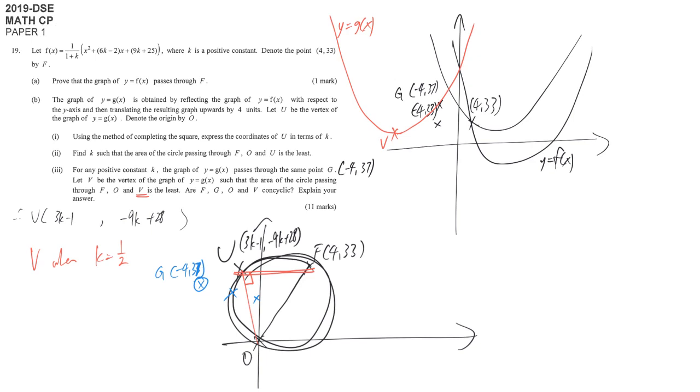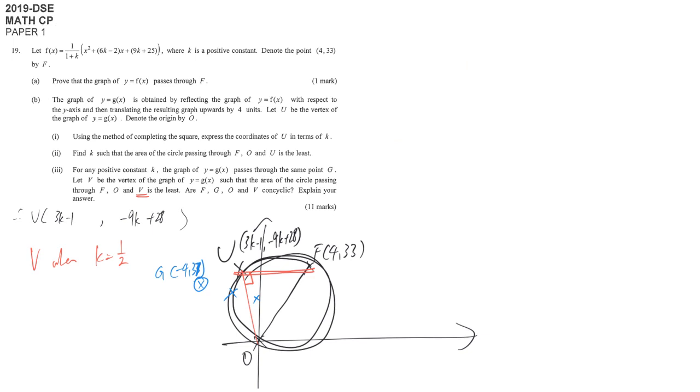If you understand what the question is asking, then this becomes a much easier question. There are some approaches you can use to achieve the same target. The first one, if you assume point G is on this circle, then this angle should also be 90 degrees. So by testing the slope OG and the slope GF, whether their product is -1 or not, then you can make your decision.